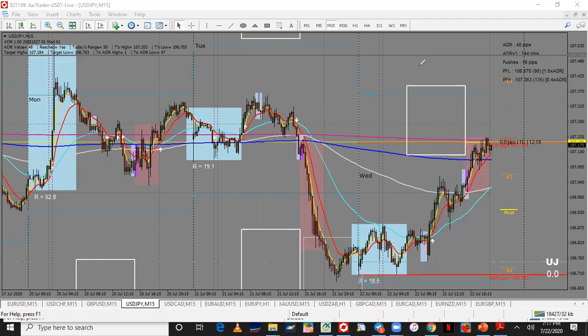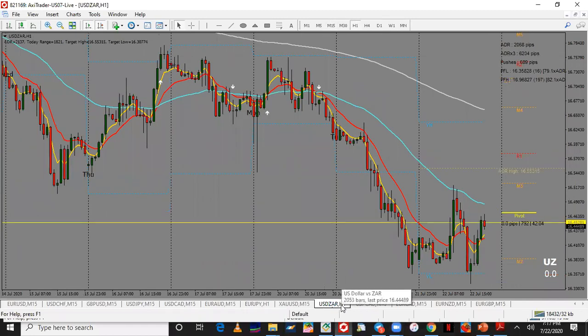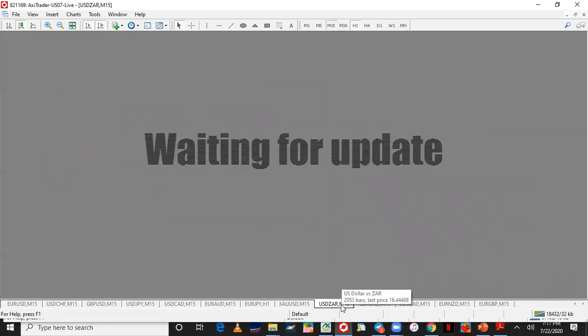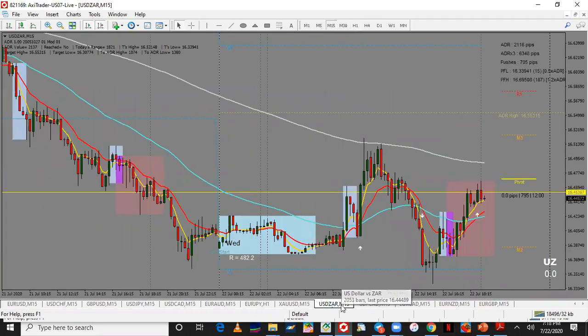and we also took a trade on USD/ZAR to the blue tracer. So when you go to the 15 minutes, USD/ZAR formed this M pattern around M3. So M3 was there. We had a very good M, and this was after 3 swipes to the high.